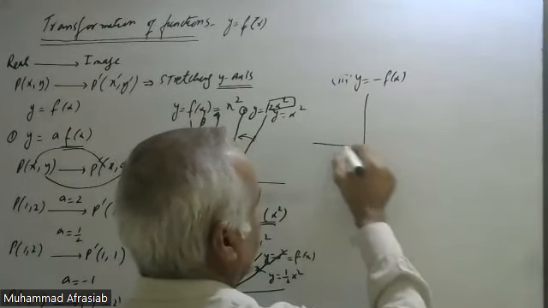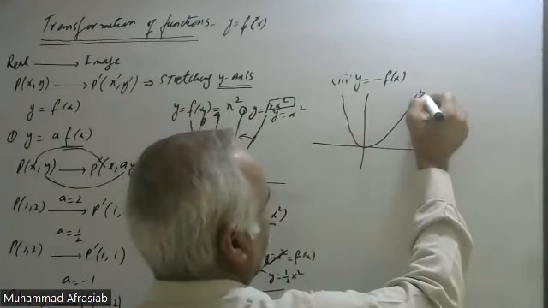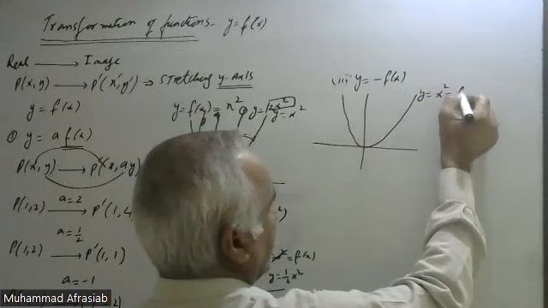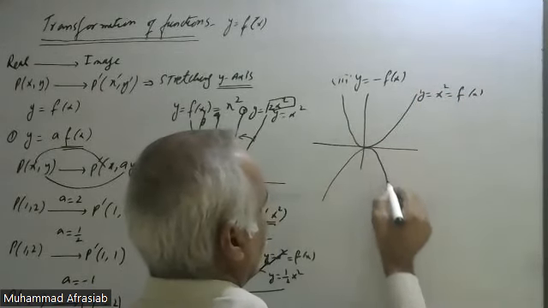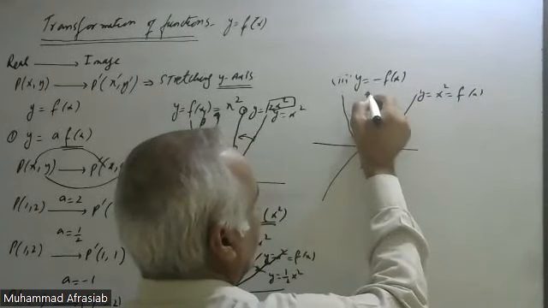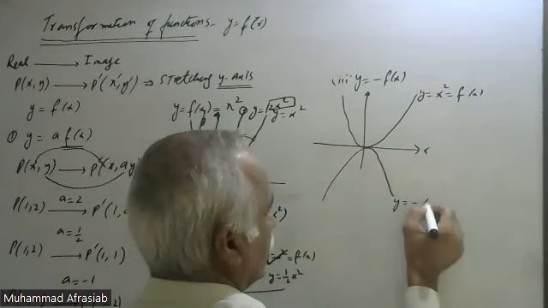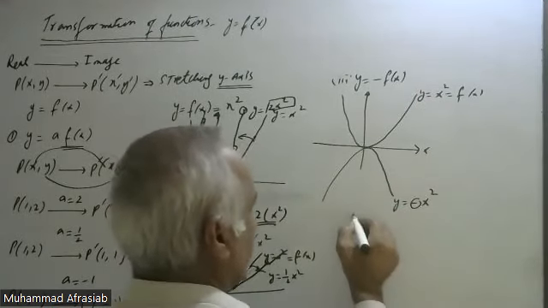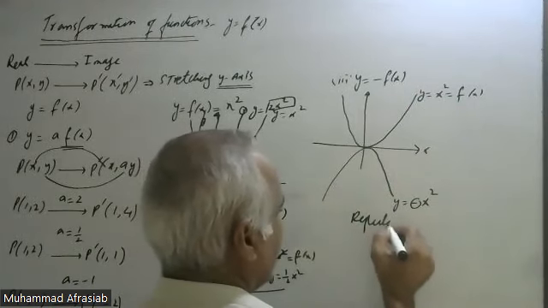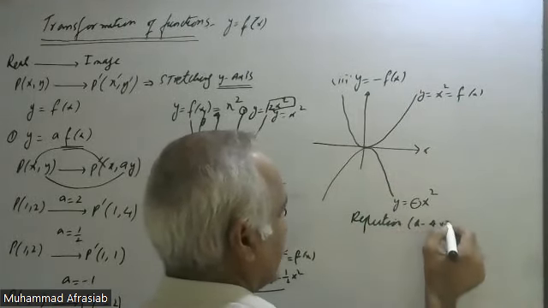If this is the graph of y equals x squared, which is f(x), then if we want to draw the graph of this, it is y equals minus x squared. That means it is basically the reflection about the x-axis here.